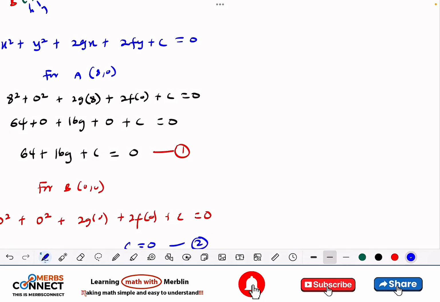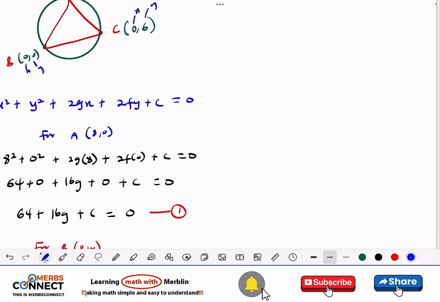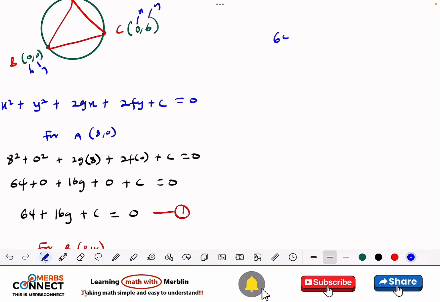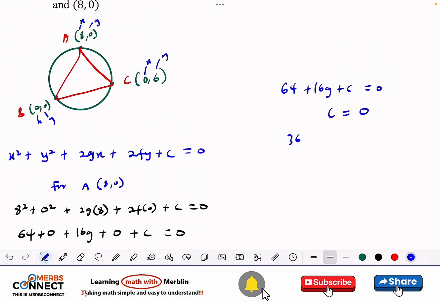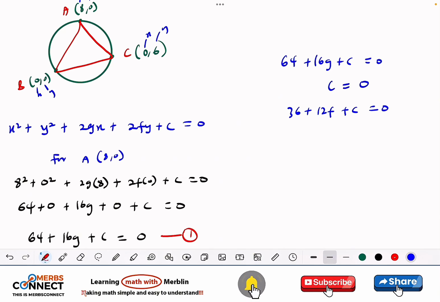Now, let me just write the equations on this right side. We had one equation to be 64 plus 16g plus c is equal to 0. And we have another one, c is equal to 0. And then the last one is 36 plus 12f plus c is equal to 0. So this is equation 1, this is equation 2, this is equation 3.